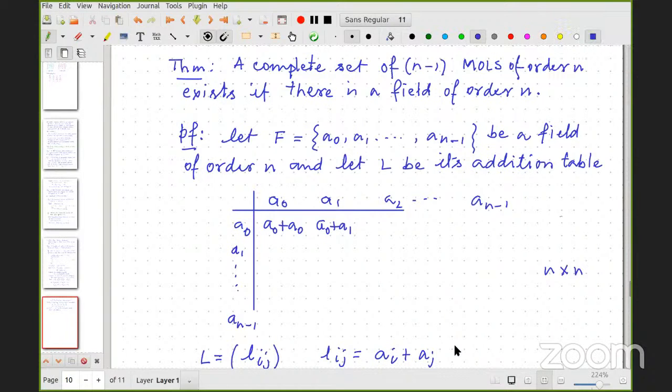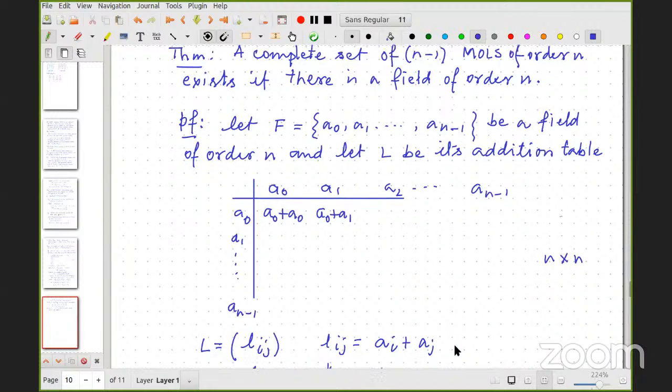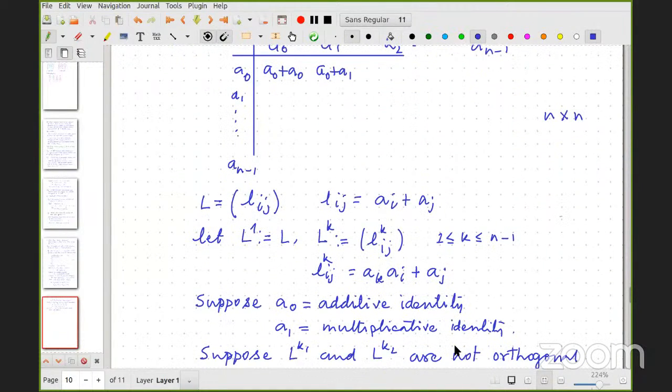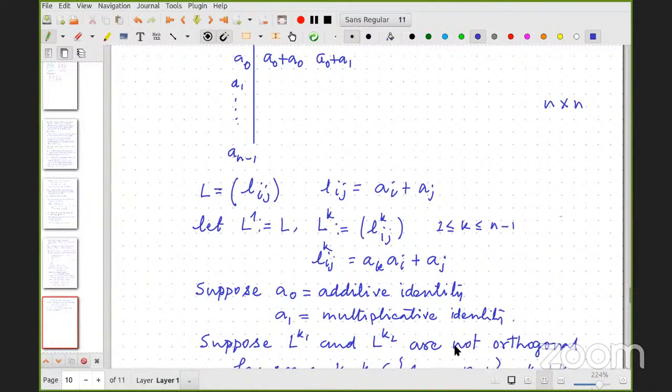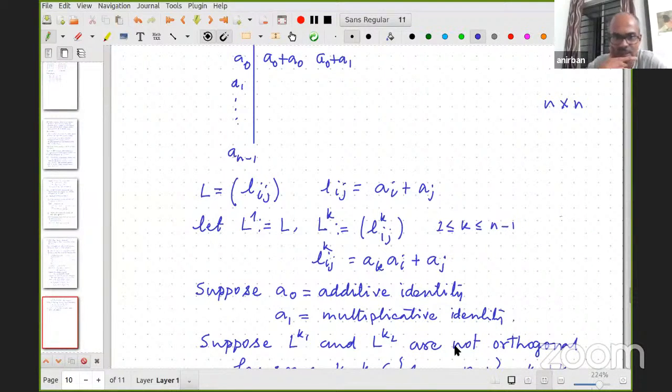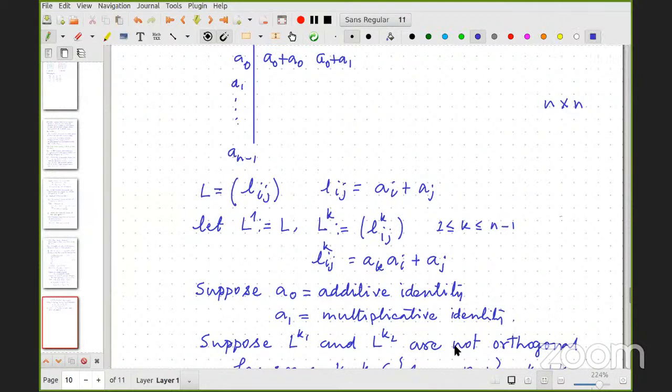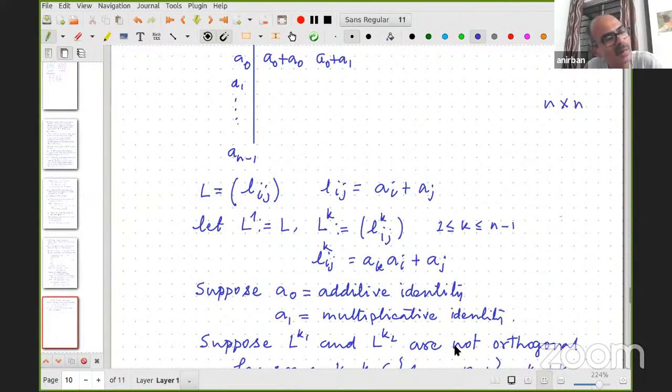Suppose you are defining L^k by multiplying a_k into a_i. Suppose you multiply a_k with a_j instead, this also works, right? Yes. Therefore, this is a different type of matrices. Yeah, but it would be the same. It will just give you a permutation of this.